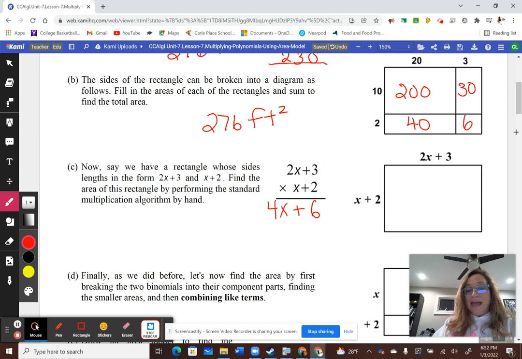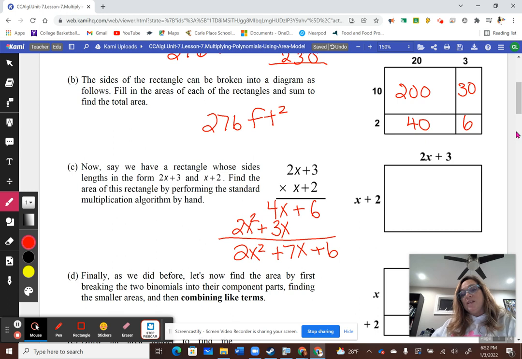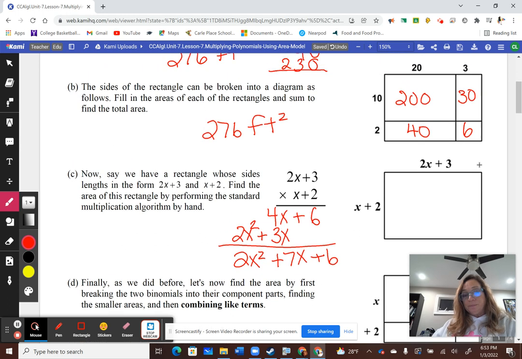So now I'm going to do the x times the 3, which is 3x. And it only makes sense that you would put the 3x and the 4x in the same column because those are like terms. And then x times 2x would be 2x squared. So now when I get my final answer, it's 2x squared plus 7x plus 6. And that would be just doing regular multiplication.